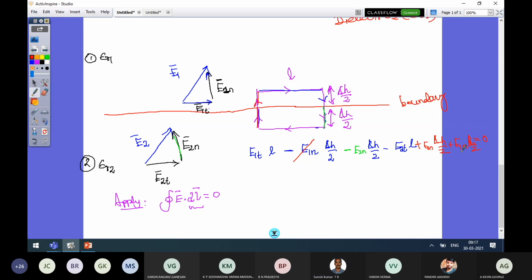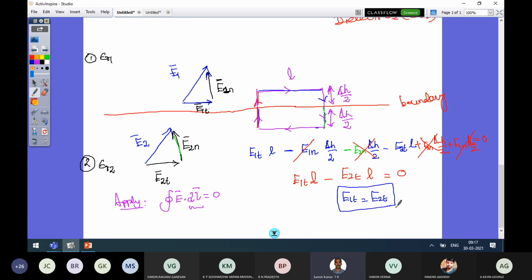So these two will get cancelled. In the same way, these two will get cancelled, having opposite signs. What remains is E1T times L minus E2T multiplied with this length equal to 0. I can say E1T equals E2T.